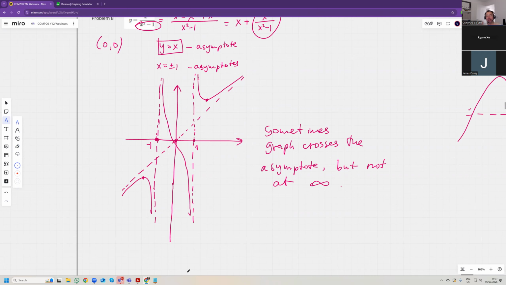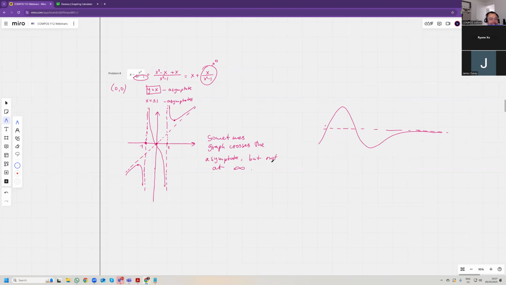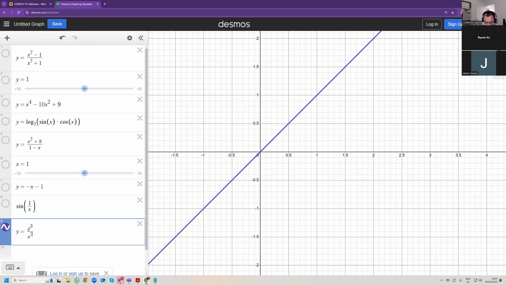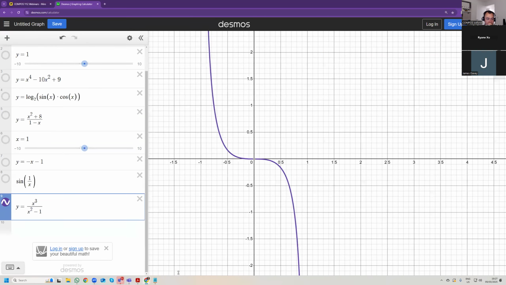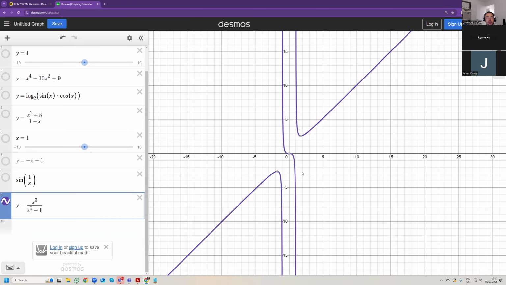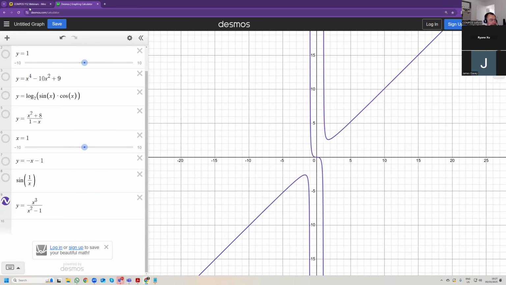All right. So finally I made 2 mistakes in one question. Okay. Sometimes the graph crosses the asymptote. And let's check. y equals x cubed over x squared minus 1. Yeah. Here it is. So quite nice.